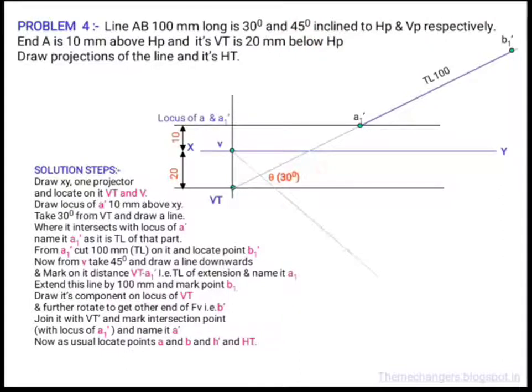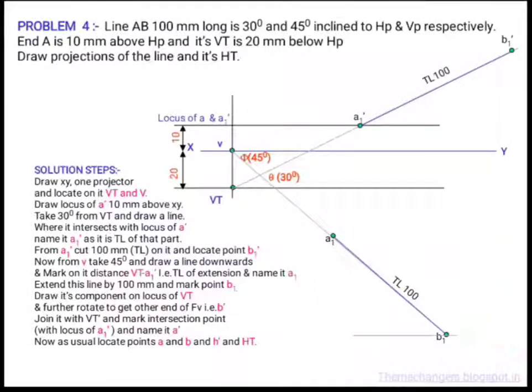So I am copying this total length of line from VT and marking it from V at an inclination of 45 degree. The corresponding points will be A1 and B1, and the distance between A1 and B1 will be 100 millimeter, which is the given true length.